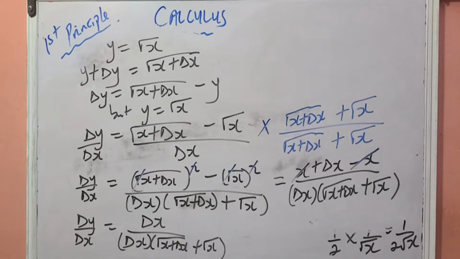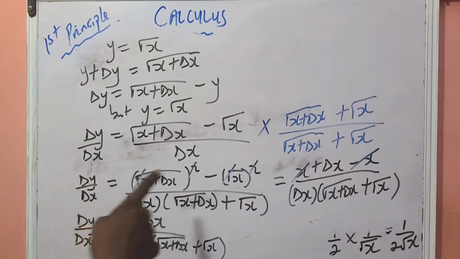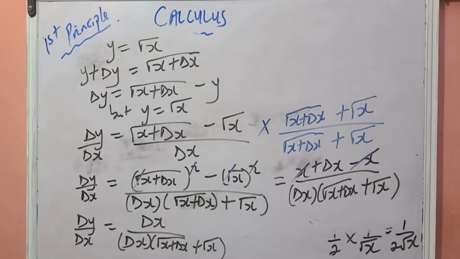Okay, look at what we have right here. The dx here will cancel the dx here. So obviously we are left with 1 over x plus change in x plus root x.